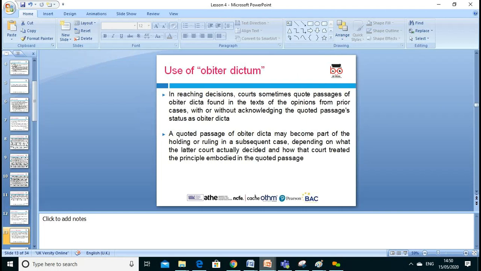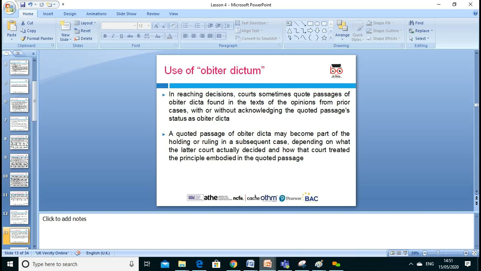In reaching a decision, the court sometimes quotes passages found in the text of the opinion from prior cases, without acknowledging the passage's status.